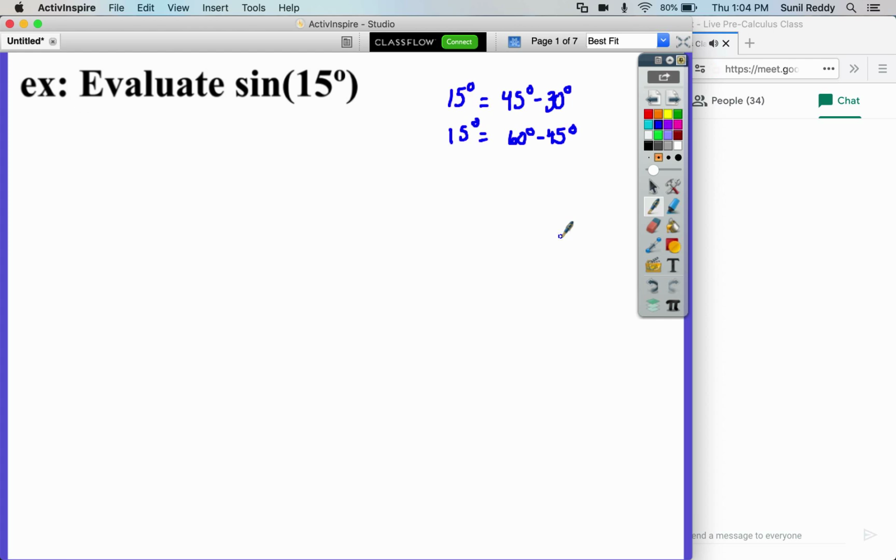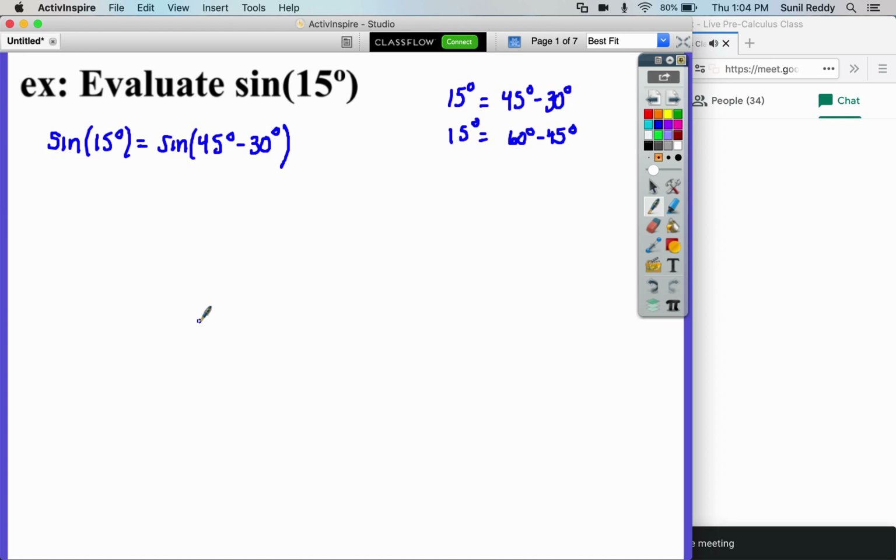And with that in mind, it would be nice if we knew something like the sine of 15 degrees equals the sine of 45 degrees minus 30 degrees. So I know so far that's definitely true because 45 minus 30 is 15.